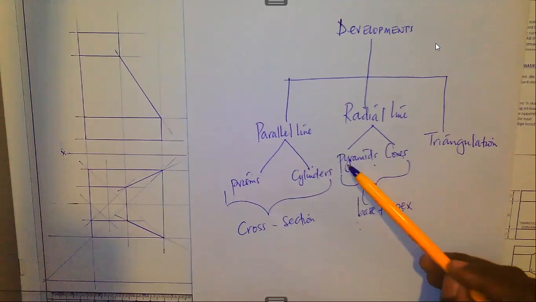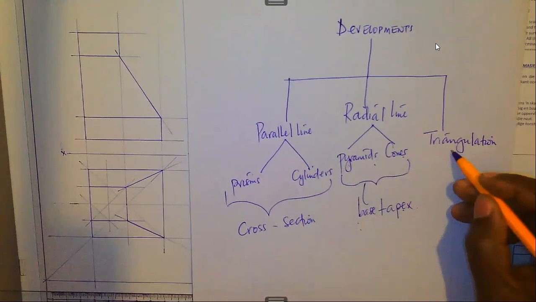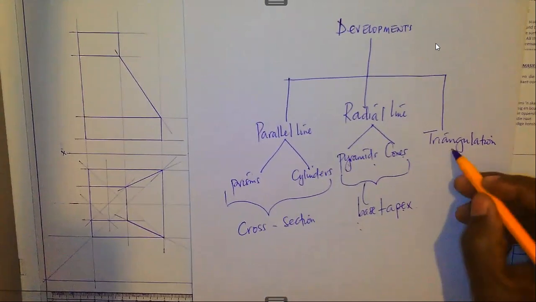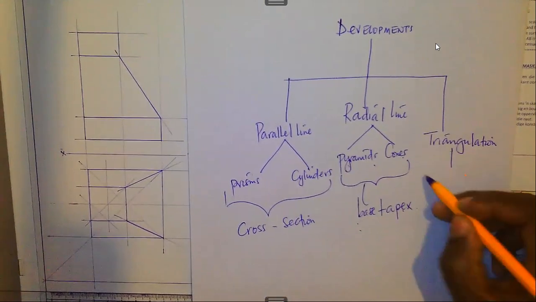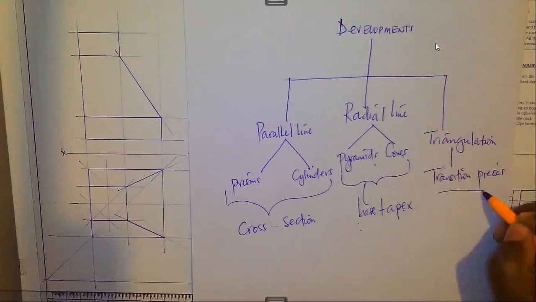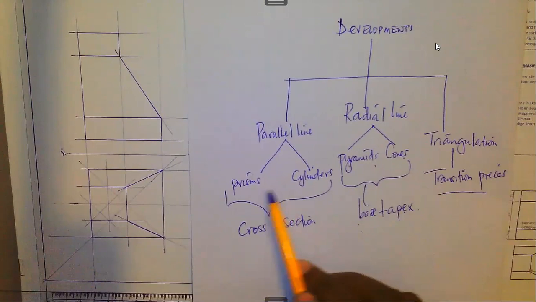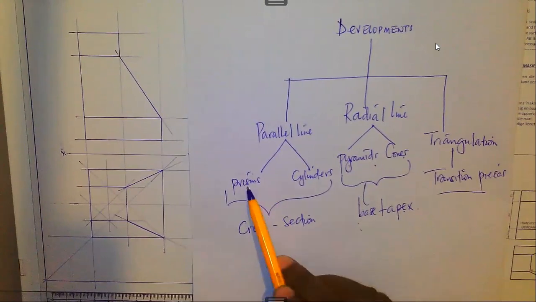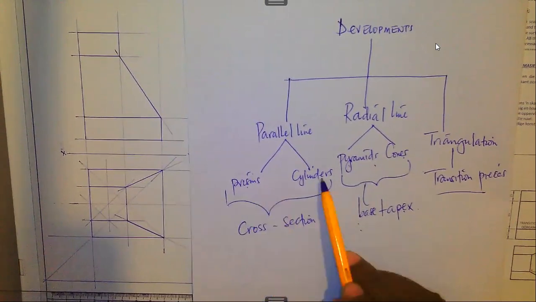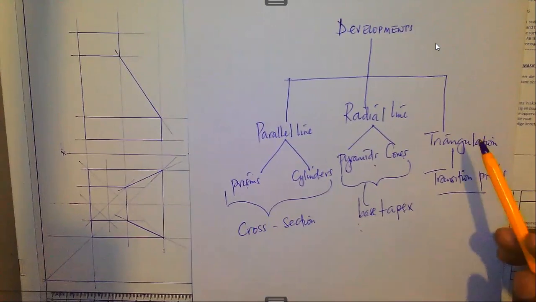All right, then when we look at triangulation, this mainly focuses on transition pieces, whereby you could be moving from a prism to a cylinder, and the space in between is in transition. It's changing from one form to the other.